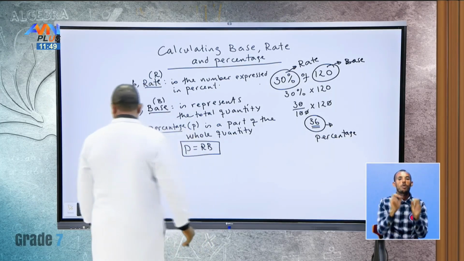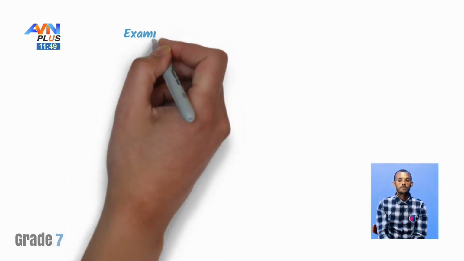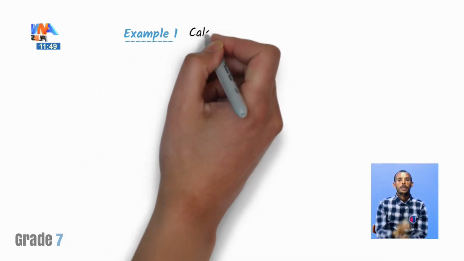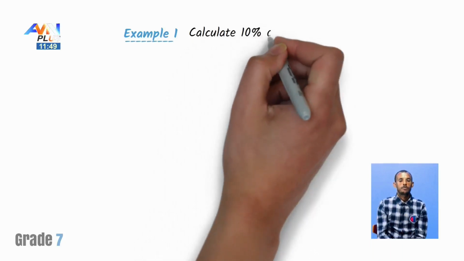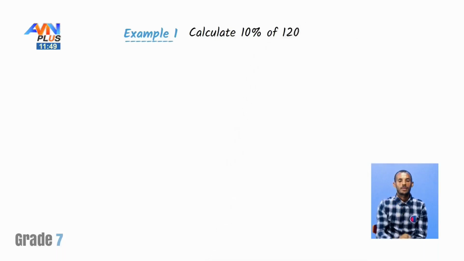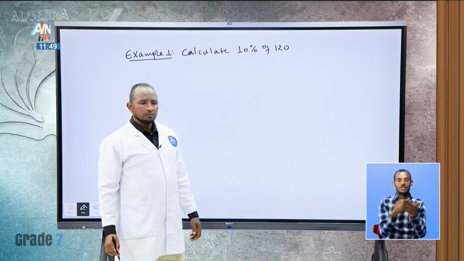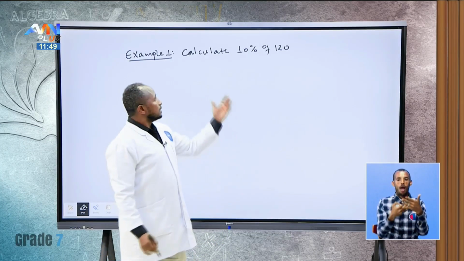Example 1. Calculate 10% of 120. So, how do you calculate this? Here, we have a formula to calculate base, rate, and percentage.